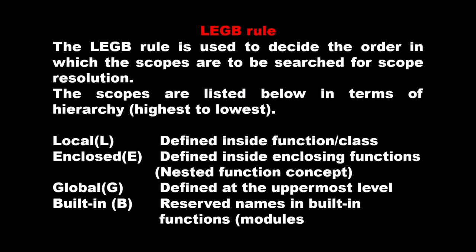The last one is built-in scope. They are reserved names in the built-in functions and modules. So when a programming language is created, some names are reserved for some particular functions or purposes. Those are known as built-in scope. So the LEGB rule is used for deciding the order in which the scopes are to be searched.